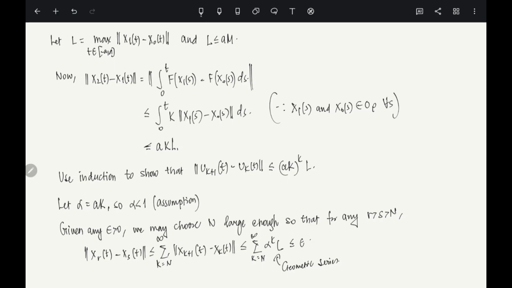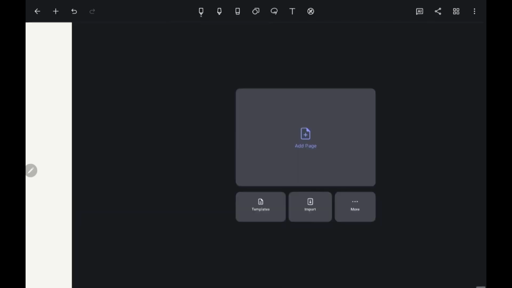Now what we do is this. So we show that this is true. So basically we have this equation, the sequence of functions, okay? So let me write it this way. You see, we have a sequence of functions x_n.